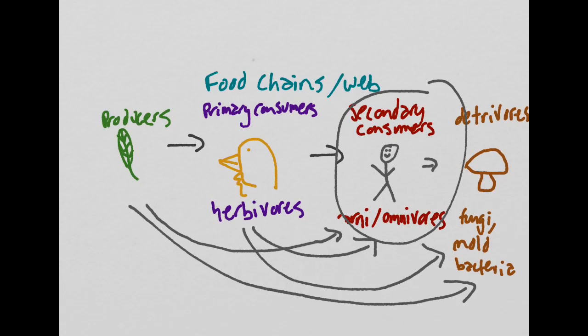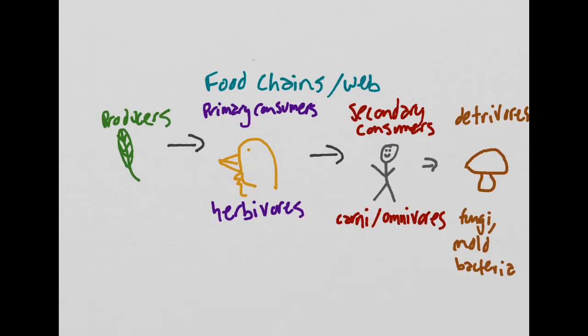So they will consume first order. They will also consume producers. And the detritivores will, in the end, probably decompose just about any order of consumer in the map.